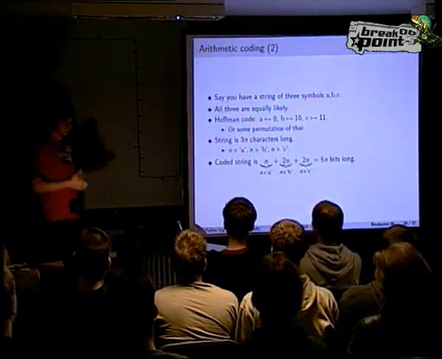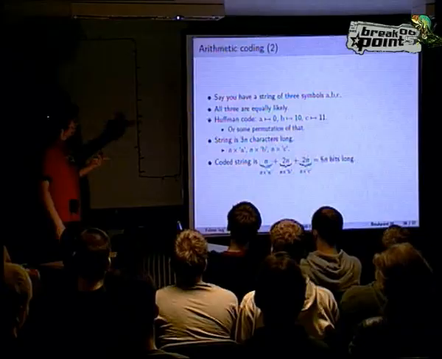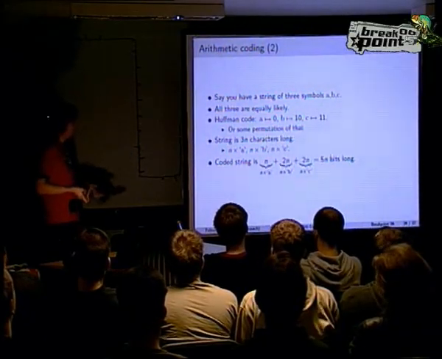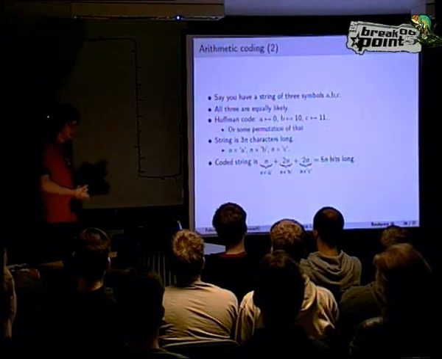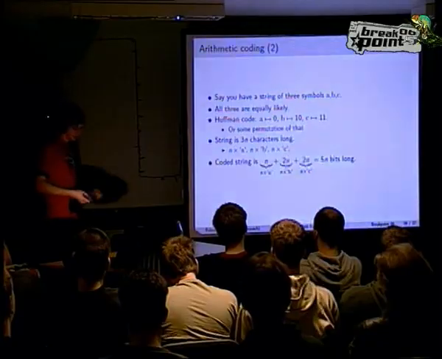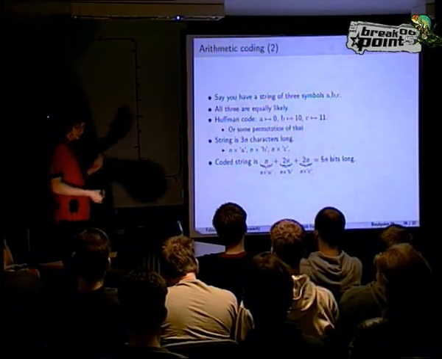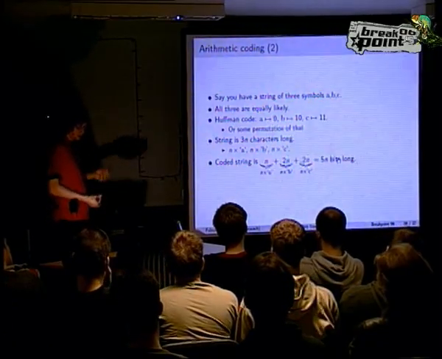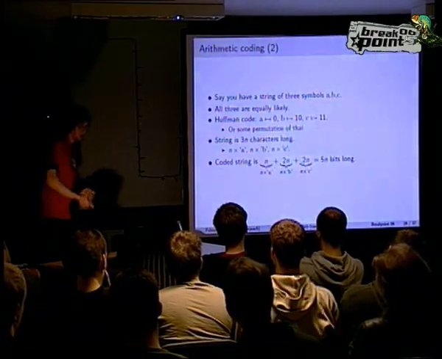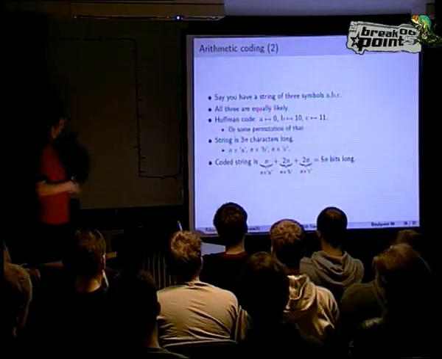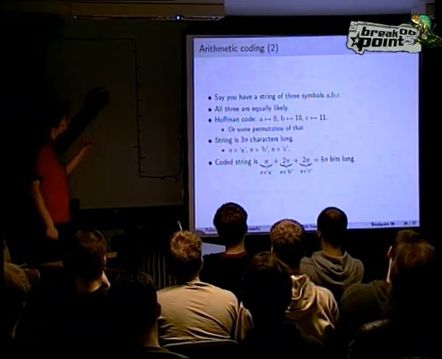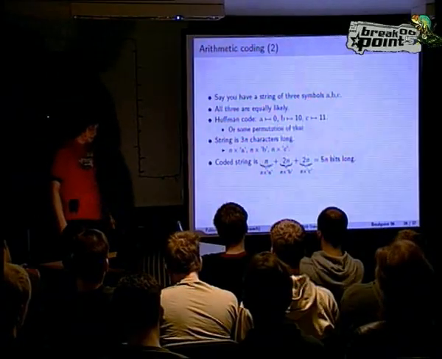Say you have a string of 3 symbols A, B, C, and all of those 3 are equally likely to happen. If you generate a Huffman code for that, you get a code like the one mentioned. A gets mapped to 0, B to 1, 0, and C to 1, 1, or some permutation of that with the letters exchanged or the bit values flipped, but it will always be something with those code lengths.